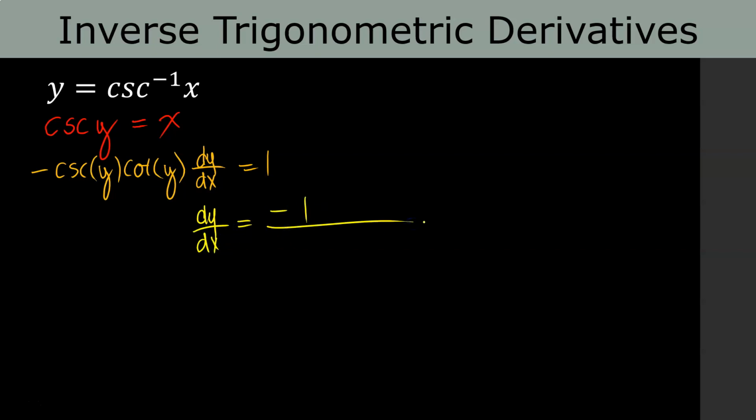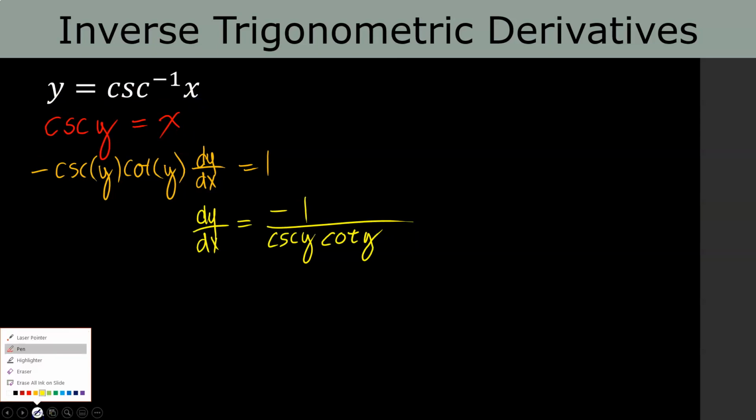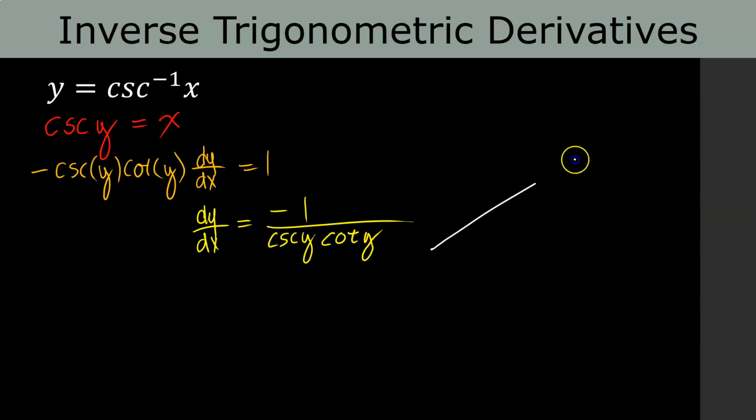I really like having that negative up there. Cosecant y and cotangent y. Much like the last problem, I already have a cosecant y I can substitute, but I still need that other part, the cotangent of y. And so I'll draw my right triangle.